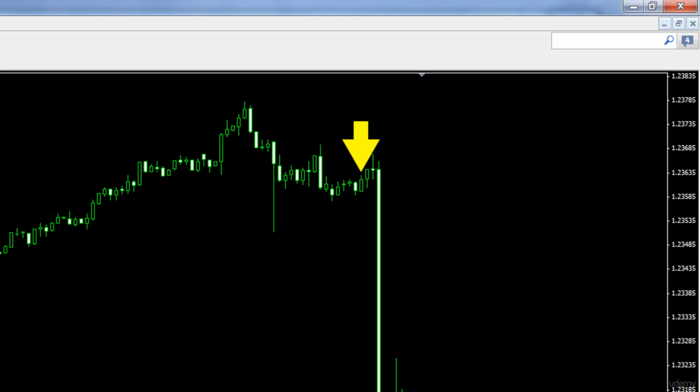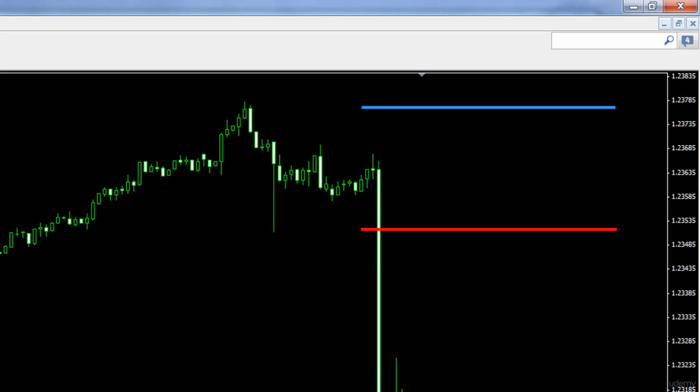And so 1 or 2 minutes before the news comes out, you should set two stop orders. So a buy stop order somewhere over here above the current price and a sell stop order below the current price. And what that will do is, as soon as the news comes out, the currency pair will jump either up or down. And as you saw in the previous tutorial, it just goes that way without moving backwards.